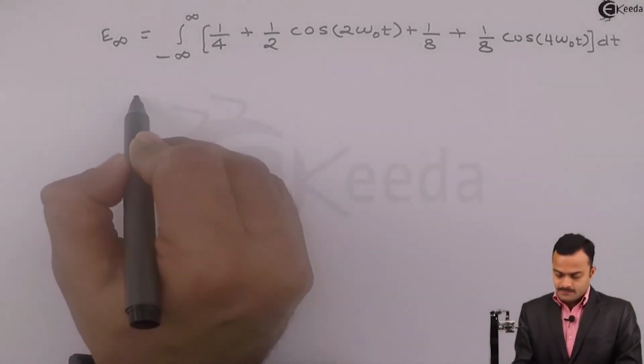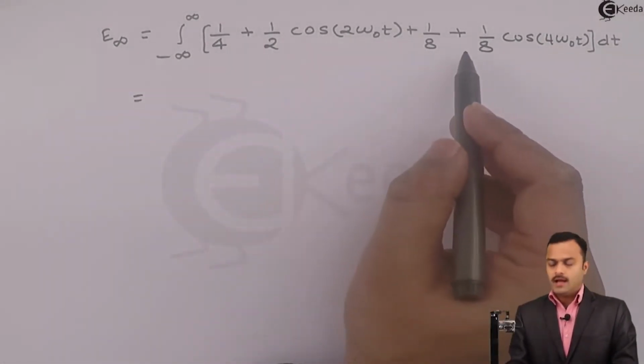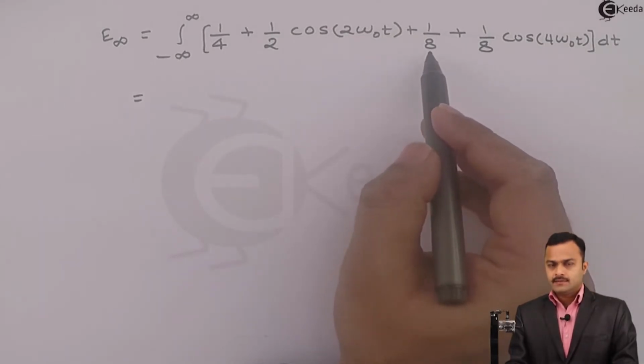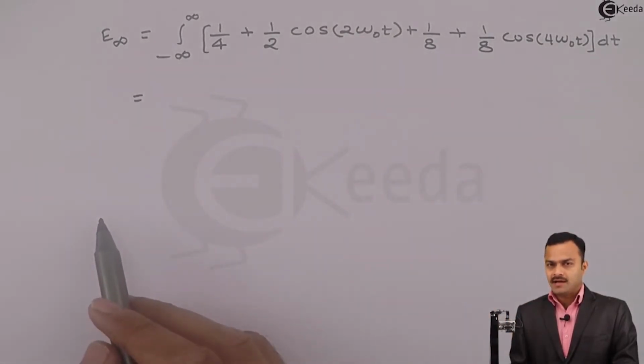Now I can club 1 by 4 and 1 by 8 to get 3 by 8.